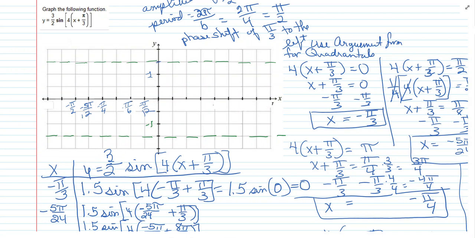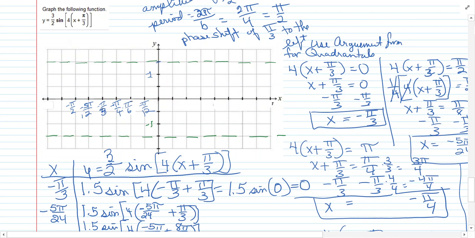Where'd my pi third go? Let's see. Did I skip one? Oh, well, of course I did. This is 1, 2, 3. This is pi fourths. 3, 4 is pi thirds. 5, and so on. Okay, good.